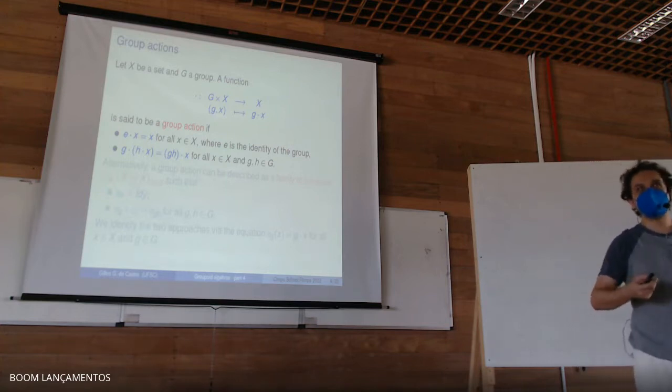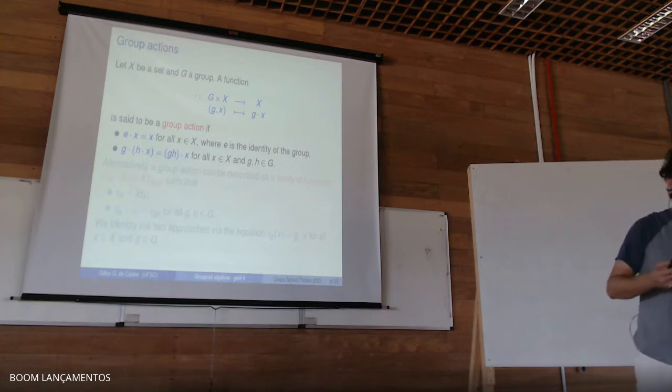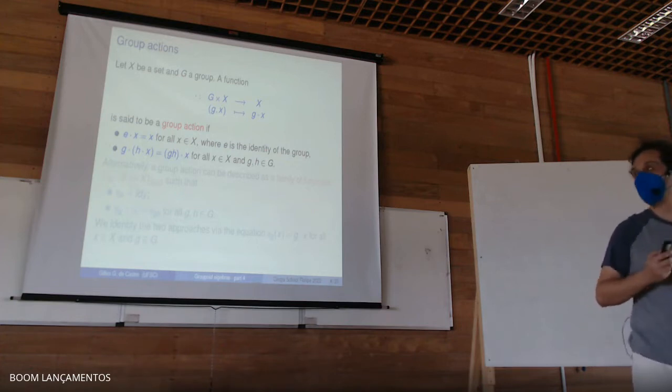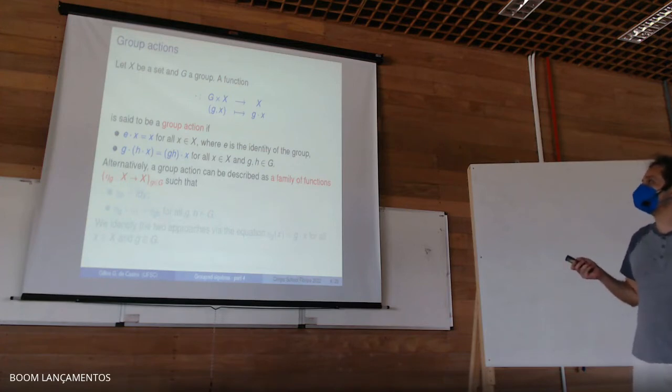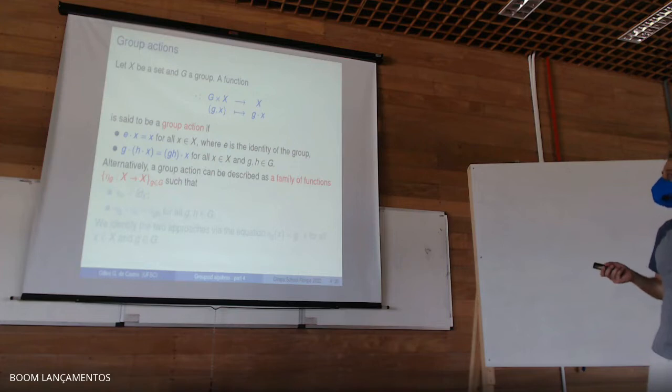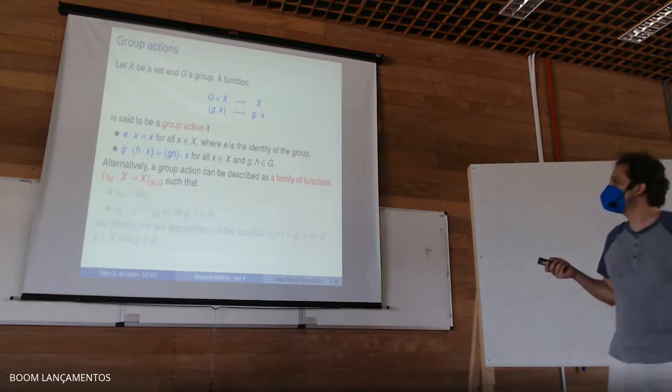But if you want to go for partial actions, it's useful to see this group action in a different way. Instead of looking at this map here, we can look at a family of functions from X to X. The idea, well, it's written here, I'm going to show later, but the idea is we can have this family of functions.